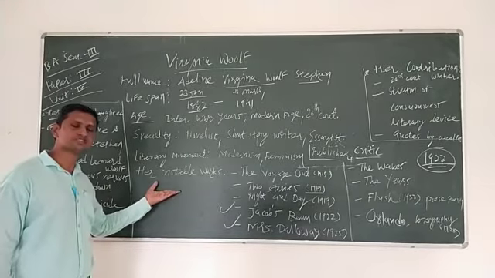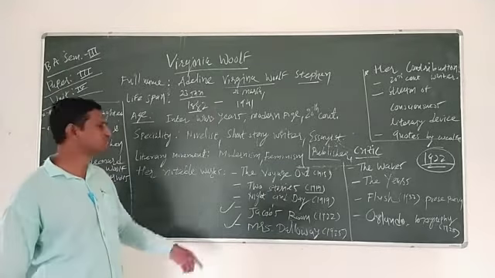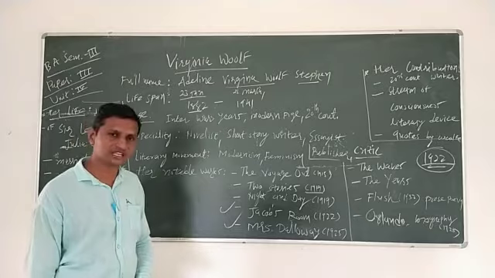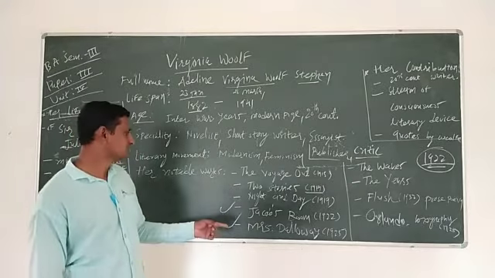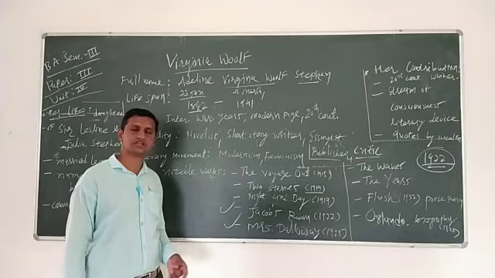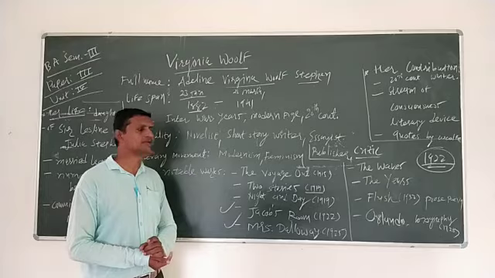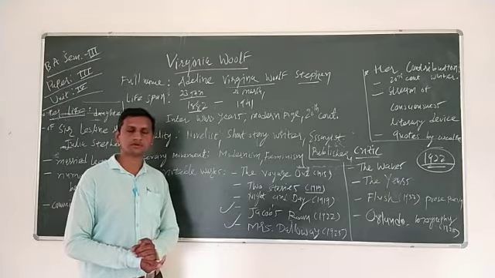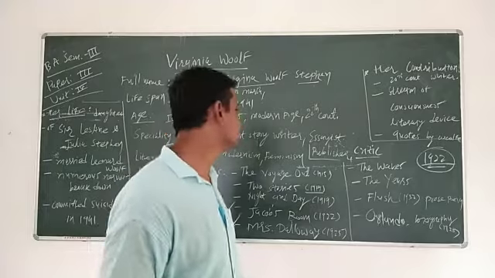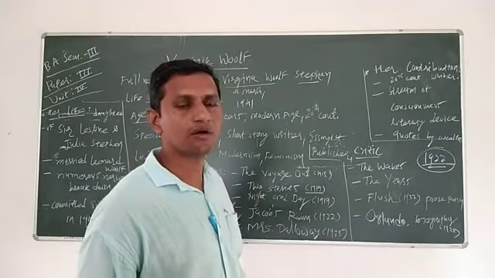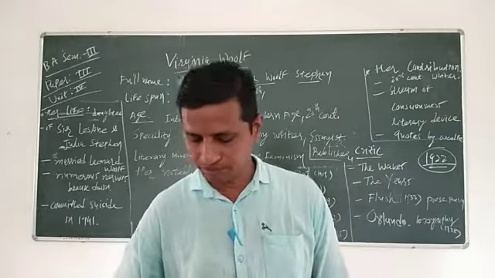Her notable works are The Voyage Out, 1915, Two Stories, 1917, Night and Day, 1919, Jacob's Room, 1922, Mrs. Dalloway, 1925, and one of her famous essays, A Room of One's Own.